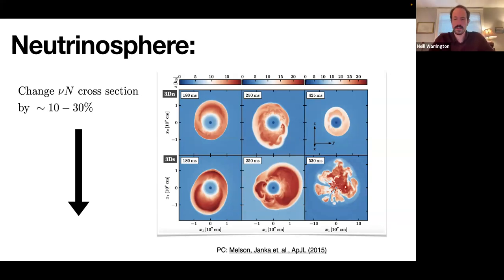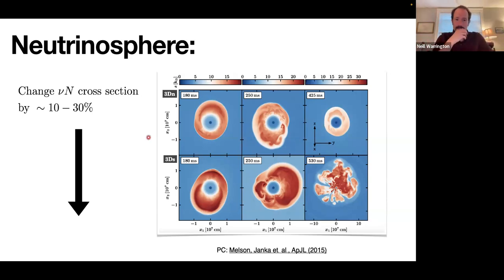Anyways, so this is one simulation on top. This is one simulation on bottom. All that changes between the top simulation and the bottom simulation is that the neutrino in-medium nucleon cross-section is changed by between 10 and 30%, which is a small change. And what that does is it changes a dud simulation into an explosion. Just looking at this last thing, this clearly looks like an explosion, and this is basically the matter falling back on itself.